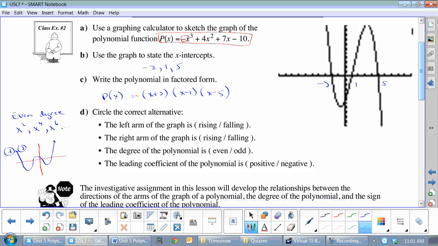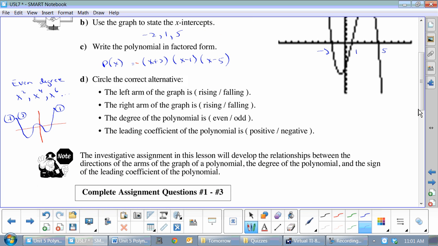So it will always start in quadrant 2 and end in 1. So an even degree positive, and I'm talking about that positive constant in the front, will always give starting in 2, ending in 1. Now, if it is an even degree negative, it will always start in 3 and end in 4. That's always, okay?